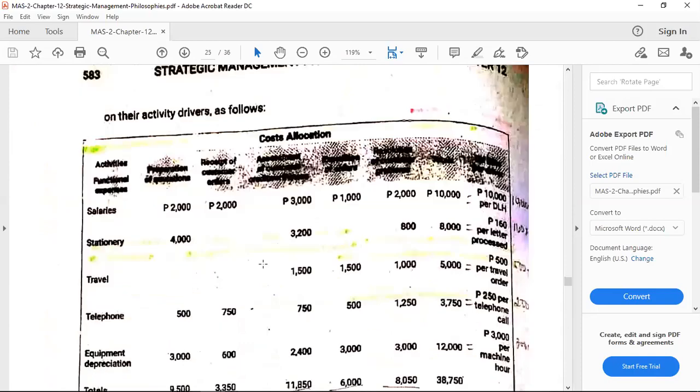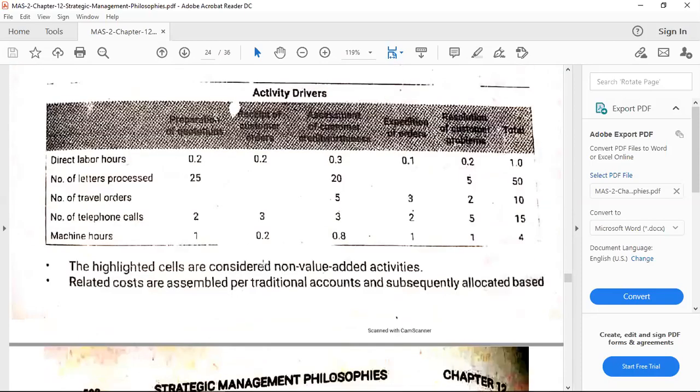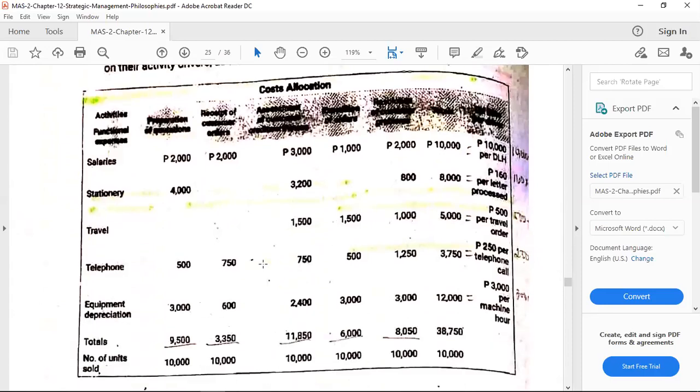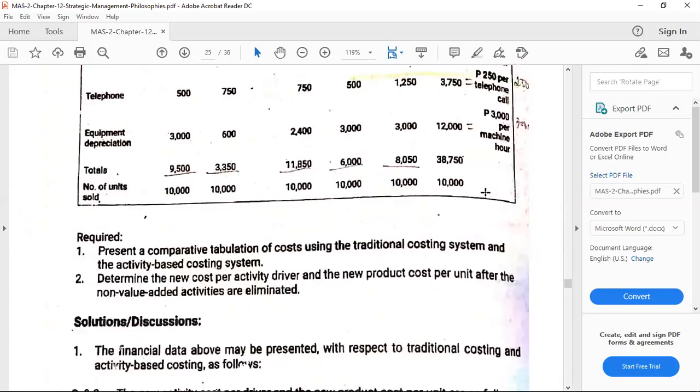Unfortunately, we cannot see them, but we focus on the value added. And here are the activity drivers. For activities like salaries, the driver would be the number of hours consumed. So that's why we have the rate, 10,000 per direct labor hour.